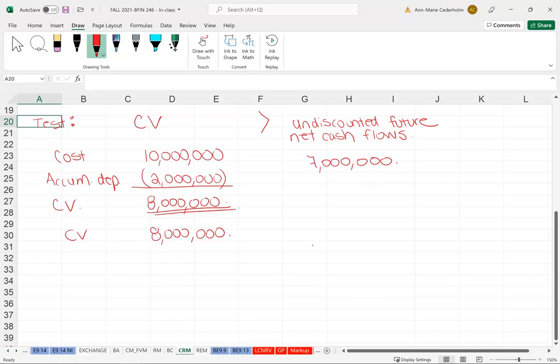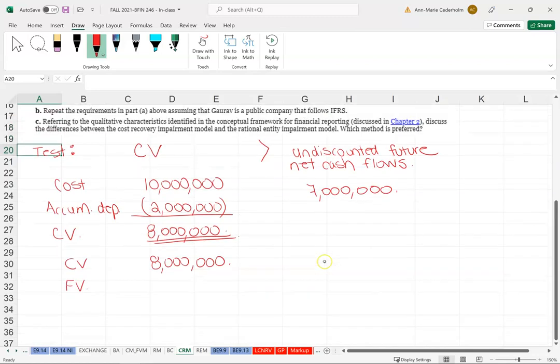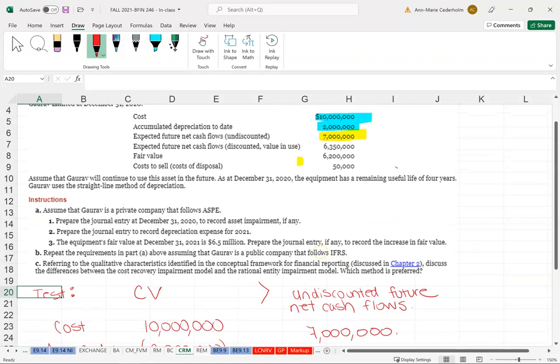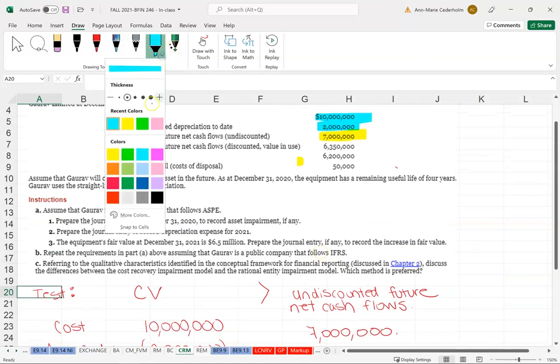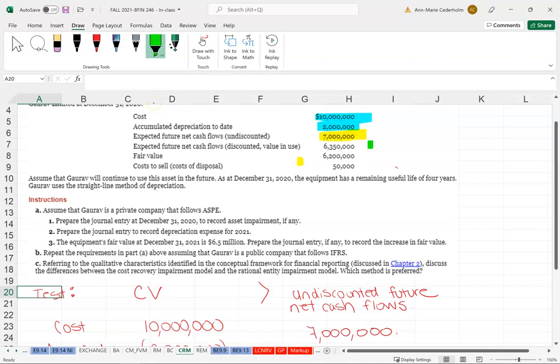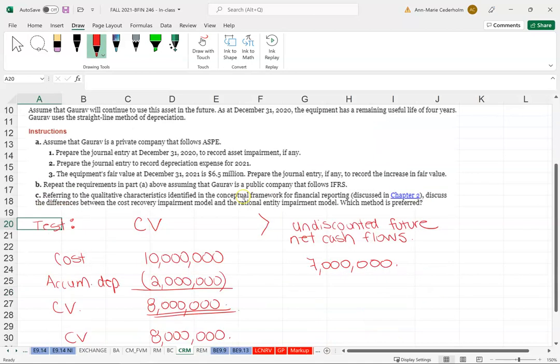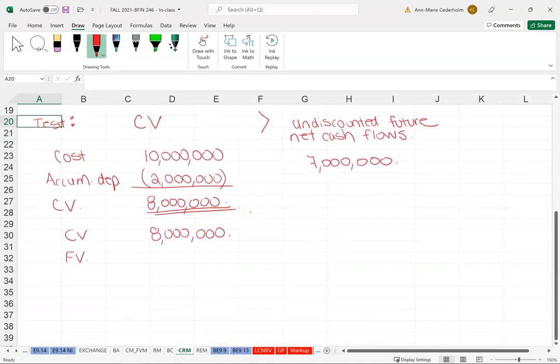So the carrying value is 8 million, and the fair value is 6.2 million. Then the difference is your adjusting journal entry.